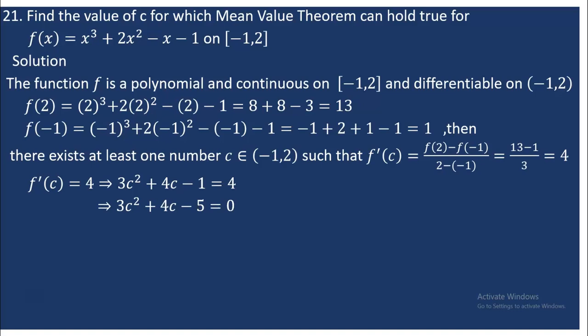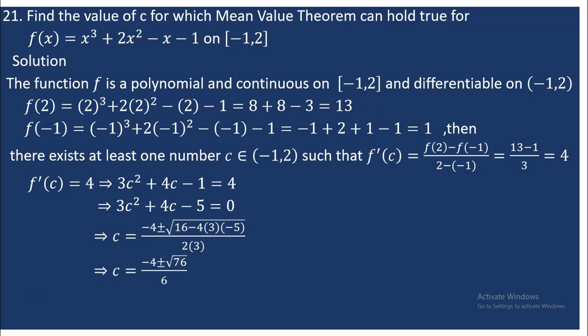So this is a quadratic equation, so we can apply the quadratic formula in order to find the solution for this. So c equals minus b, which is -4, plus or minus the square root of b squared, which is 16, because the square of 4 is 16, and then minus 4 times a, 3, and c, -5 follows. Then this needs to be divided by 2 times a, 2 times 3.